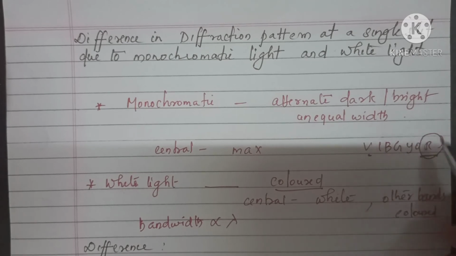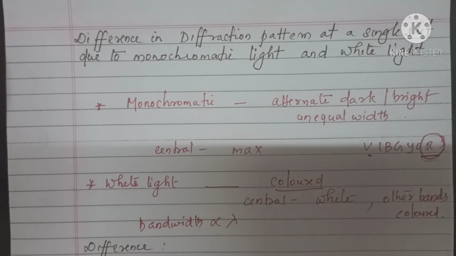The different colors will be in different bands, and the red bandwidth will be greater than the violet bandwidth, since bandwidth is proportional to lambda. So that also you can note.